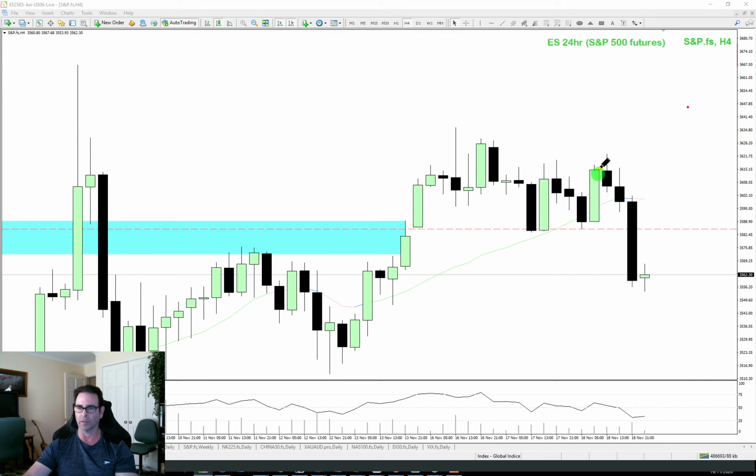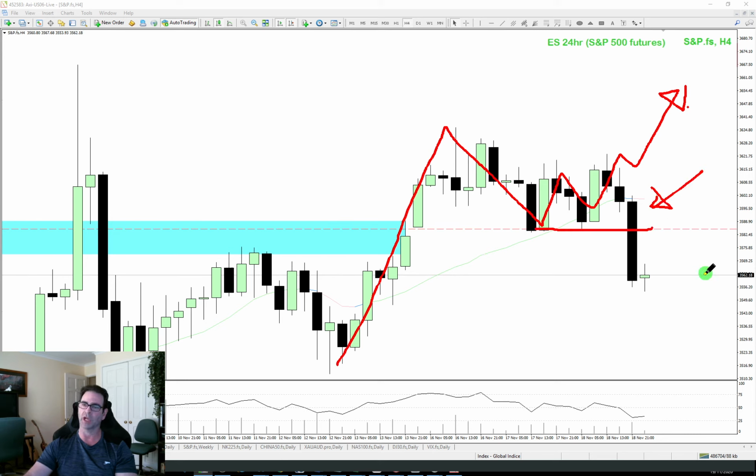So the importance, and think of the psychology, big move, weak pullback, we're naturally expecting even a short-term move. When this is negated so quickly, we've got a massive change of sentiment. And we're below the 20-period moving average right here.